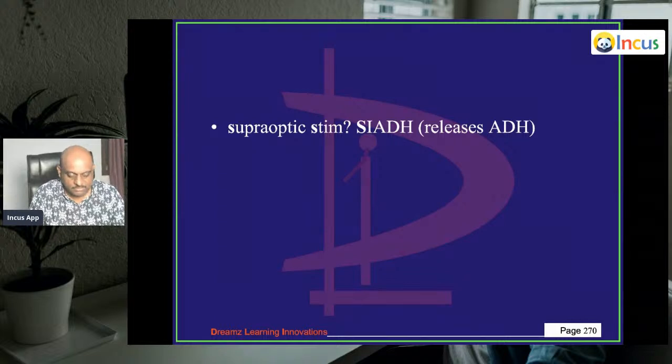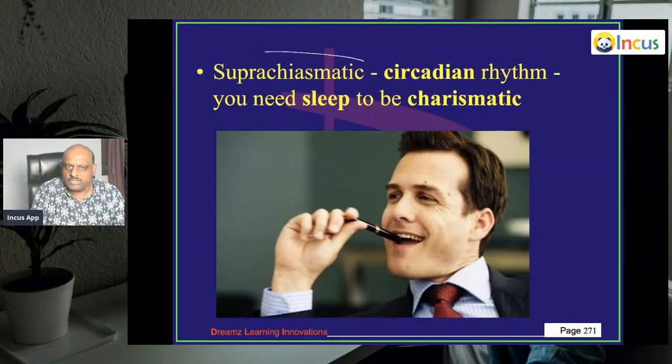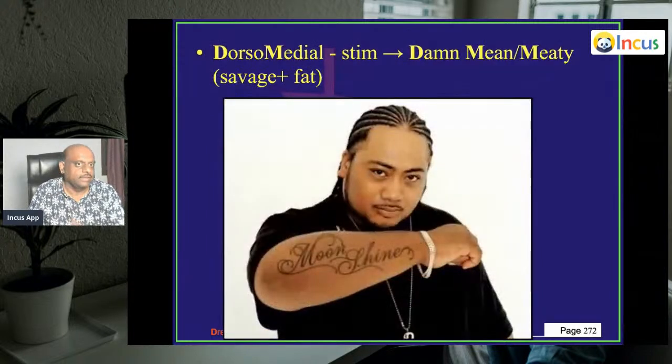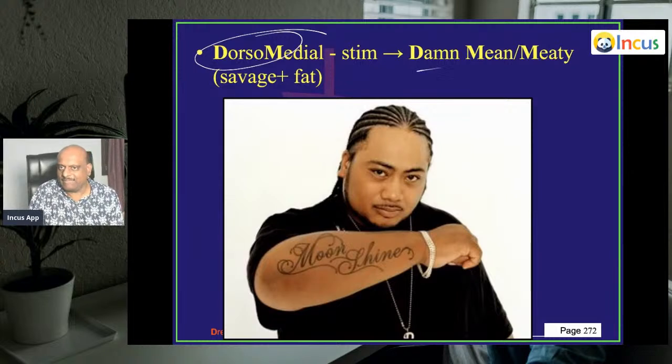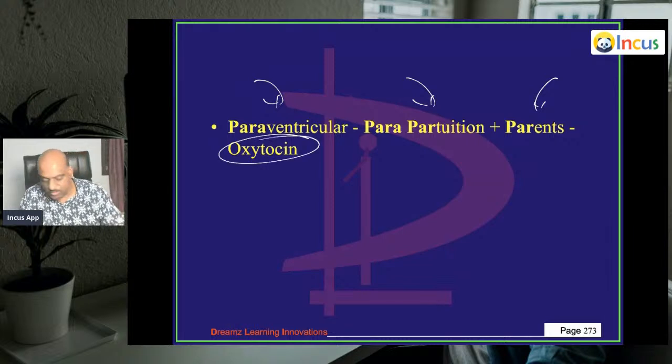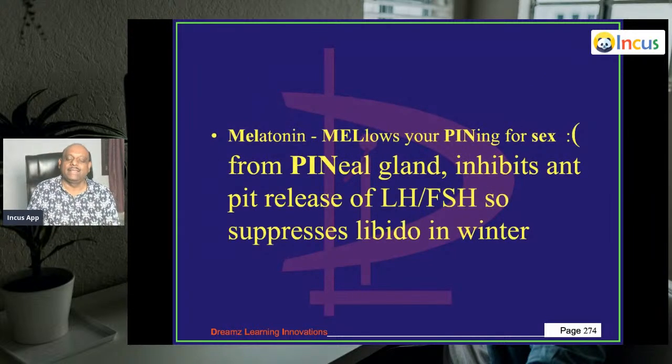Next, suprachiasmatic, circadian rhythm. You need to sleep to be charismatic. Dorsomedial, damn, mean, meaty, savage and fat. Paraventricular, para is parturition, parents, oxytocin. That's what you need to remember.